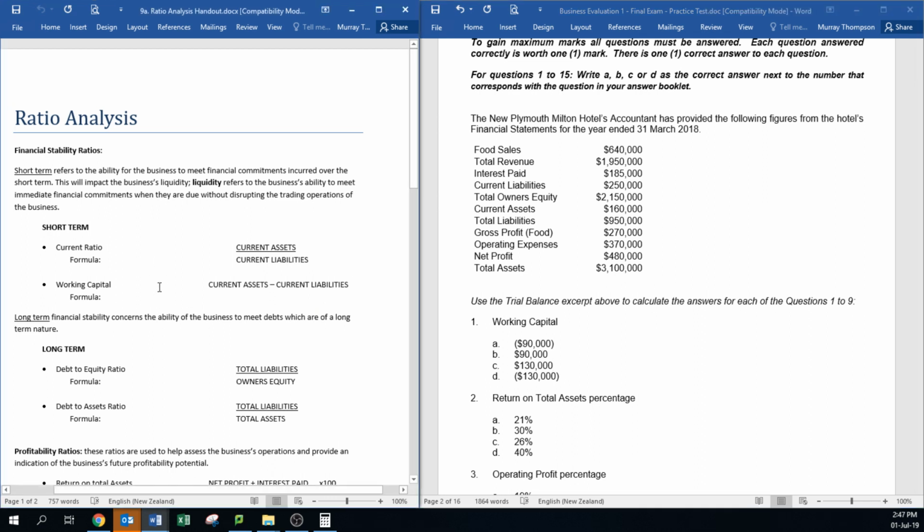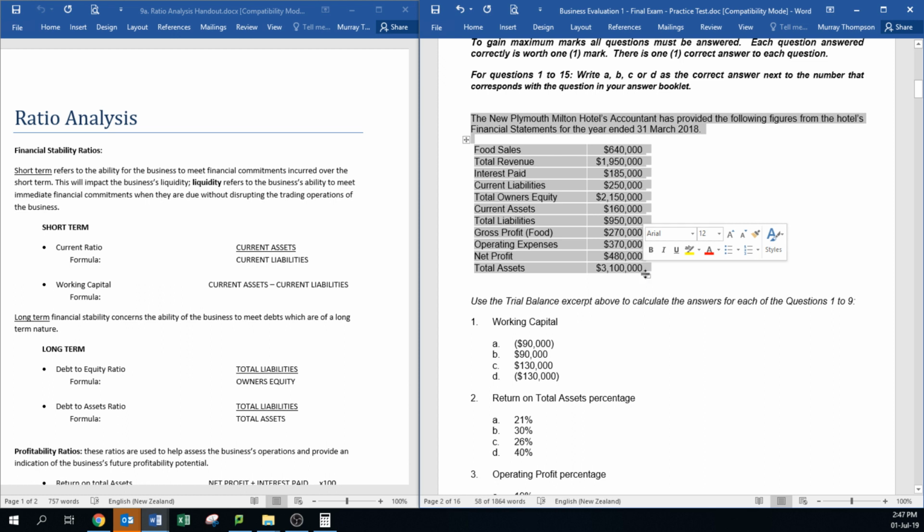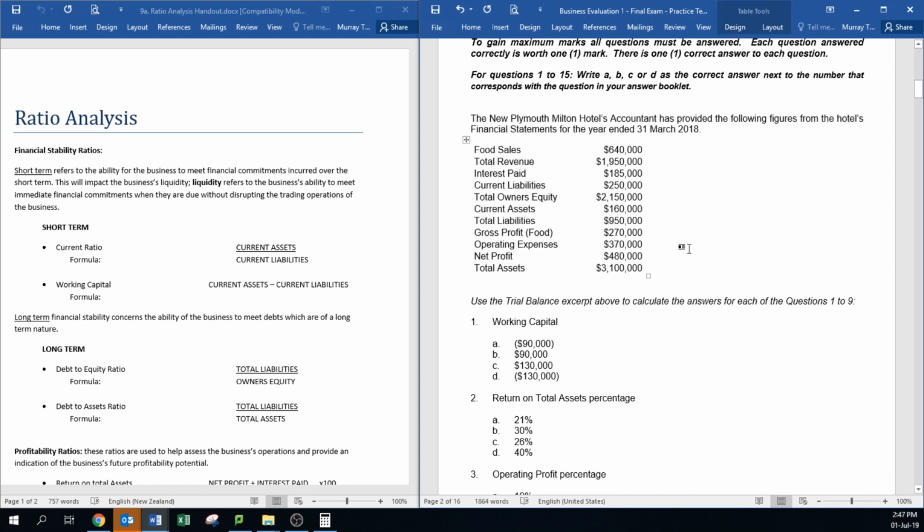Here's the stats. This is an excerpt of a trial balance, just a few figures from the business. It's not all the figures, but from these figures you can calculate various ratios. It's in no particular order as well.